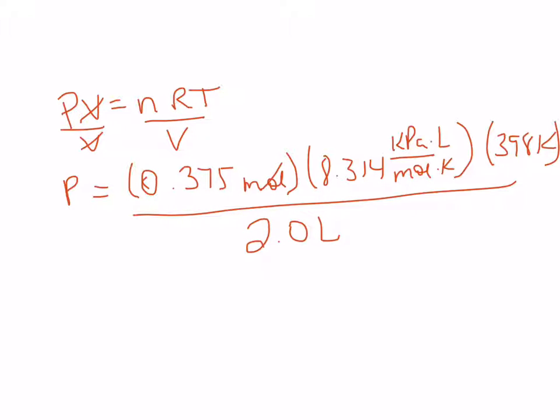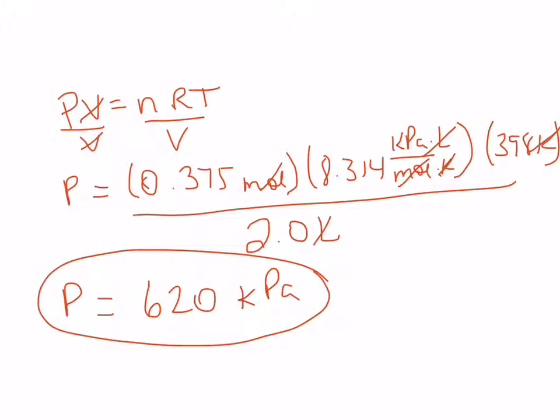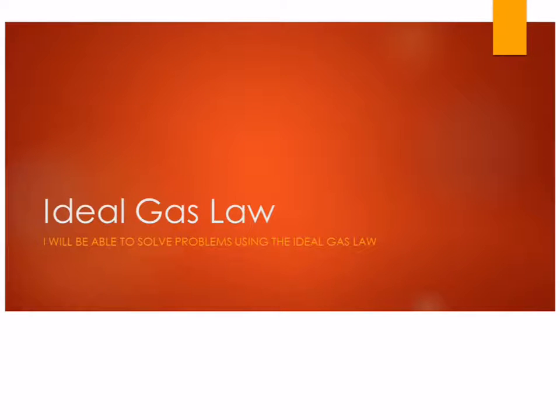So moles will cancel, kelvins will cancel, liters will cancel, leaving us with a pressure value in kilopascals. And we get 620 kilopascals. So our pressure is 620 kilopascals. That was a quick review of the ideal gas law. Hopefully that has helped solidify your knowledge.